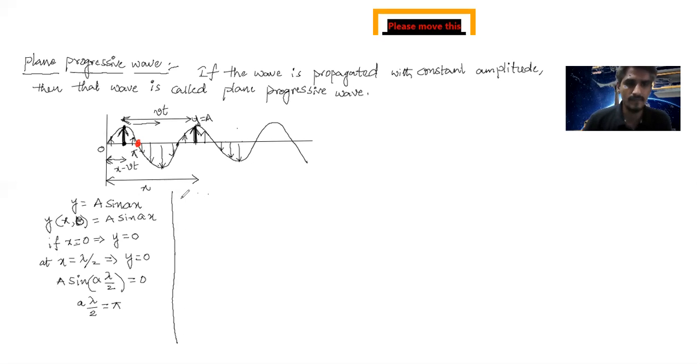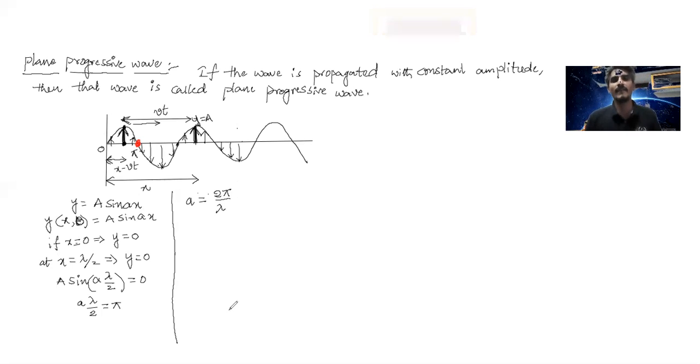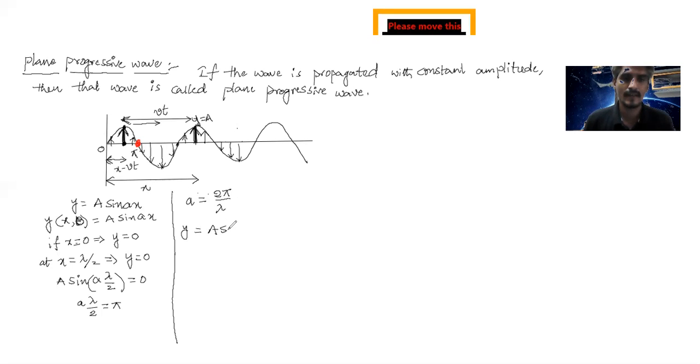Therefore, now we have got the a value. What is a now? a can be taken as 2 pi by lambda. This is the a value. Now substitute that a value in the given equation. What is the given equation? y is equal to a sine a x.